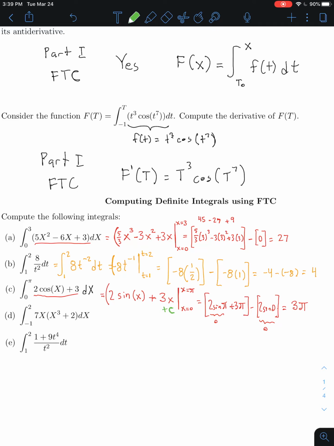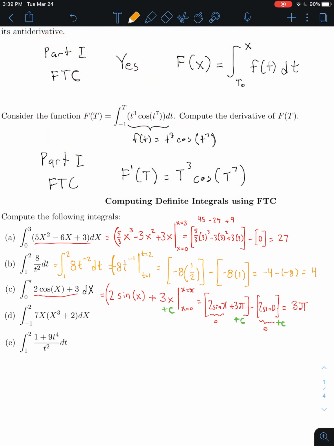And the reason is that when we do this subtraction, we would have a plus c joining this first bracketed term, and we'd have a plus c in the second one. And since we're doing subtraction, those are just going to cancel anyway. We're going to have c minus c. And so we just don't bother writing it when we're doing these definite integrals, integrals with bounds.